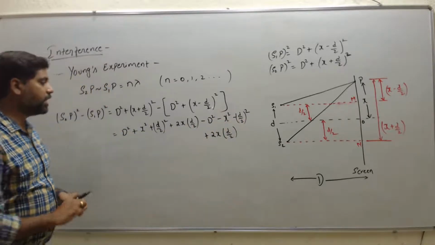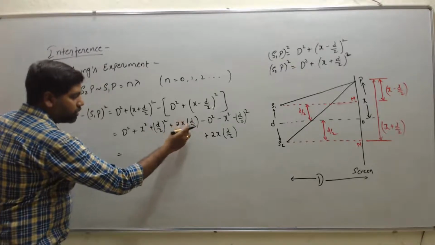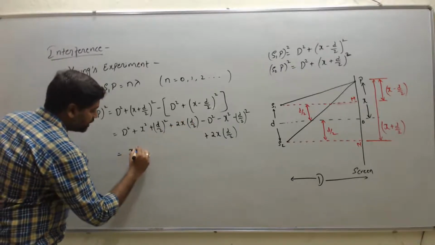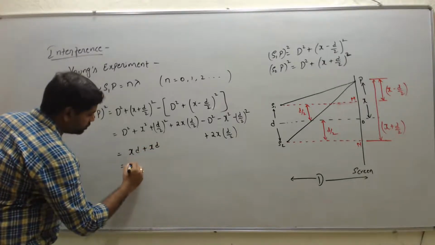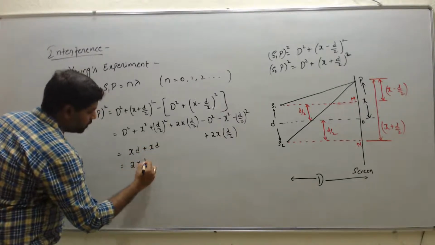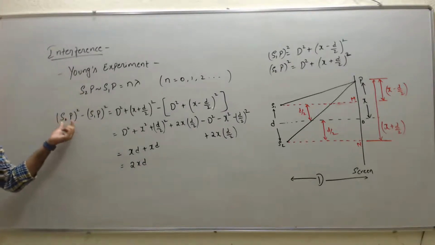So the remaining here we get, the 2 in the denominator and the numerator cancel, means here we get xd plus xd, that is equal to 2xd.